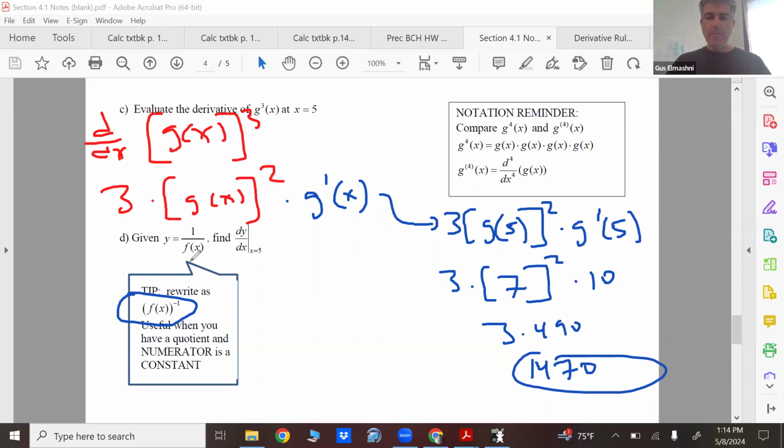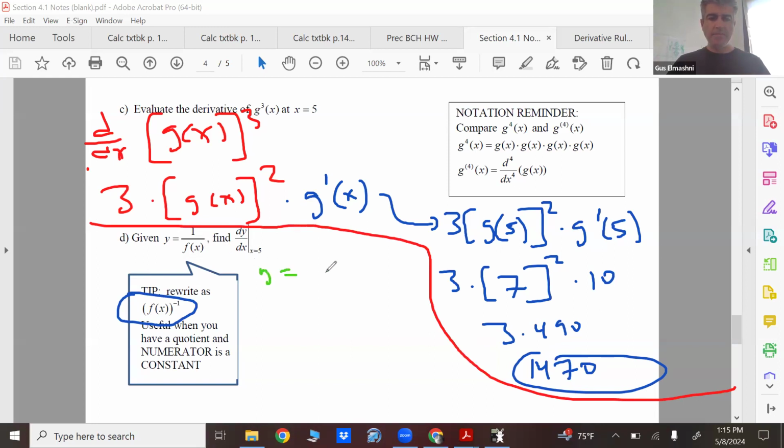So let me sneak this one in here. Does that make sense what I'm doing so far? And then times what? It's a chain rule, guys.